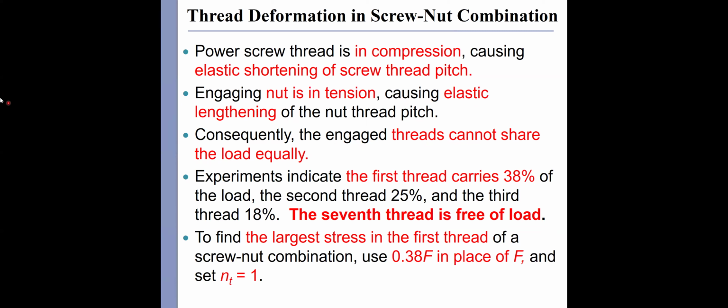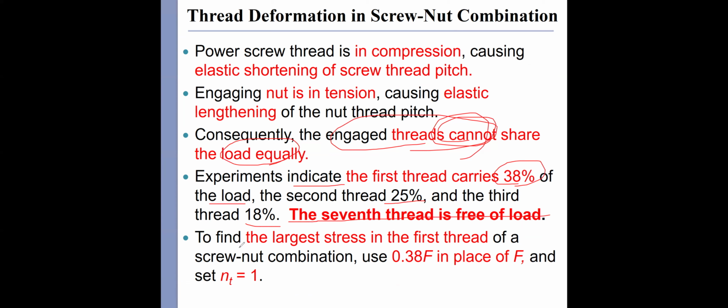Okay, so an important idea is that the engaged threads cannot share the load equally, and experiments indicate the first thread carries 38% of the load, the second thread takes 25%, and the third thread takes 18%, until the seventh thread is free of the load.